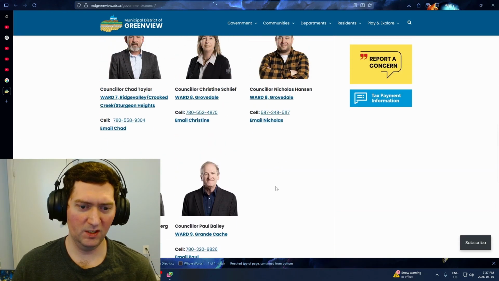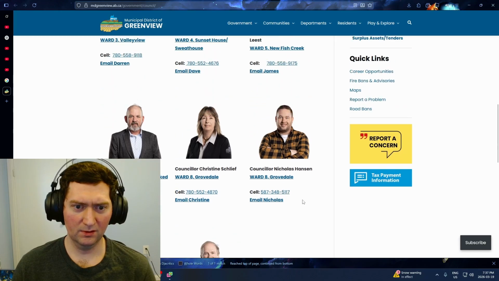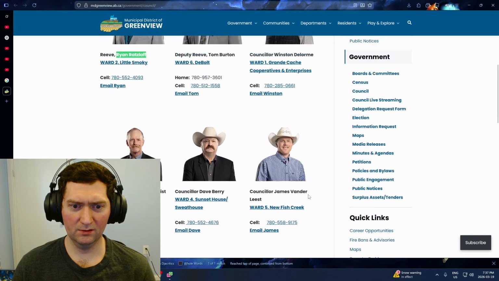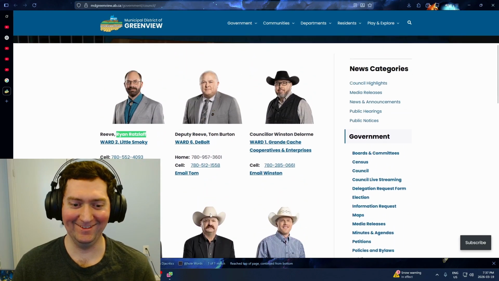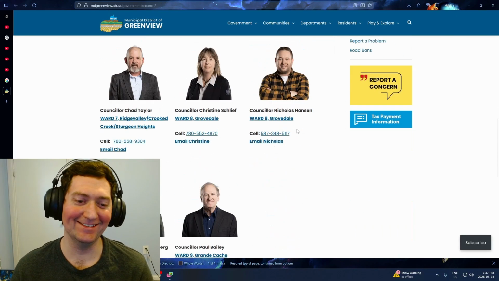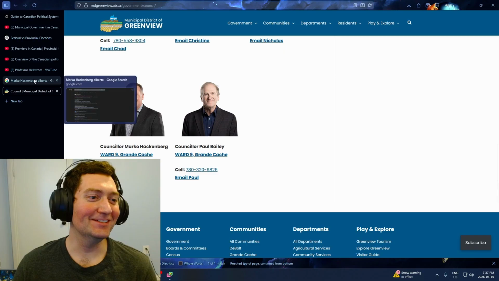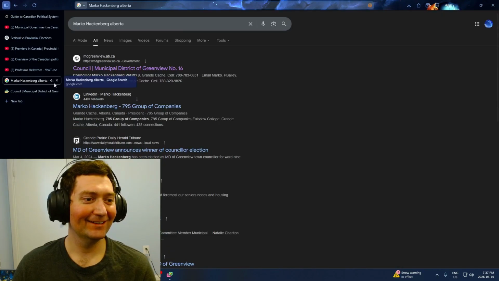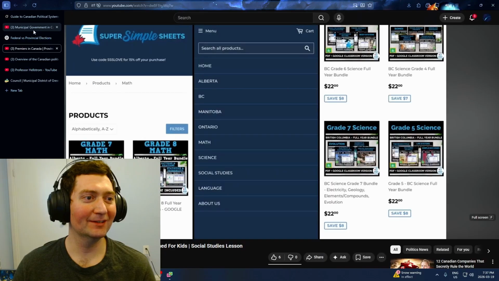There's more than that. So these are the municipal people in the municipal government. They got cowboy hats on in their official photos. Okay, where were we?